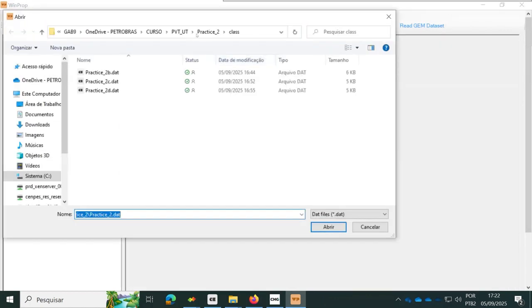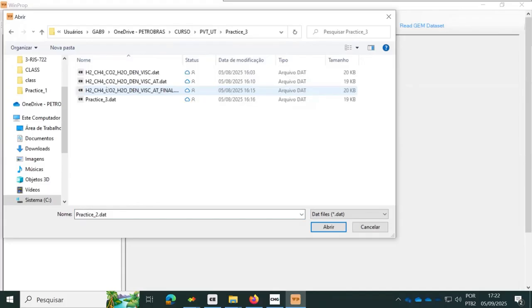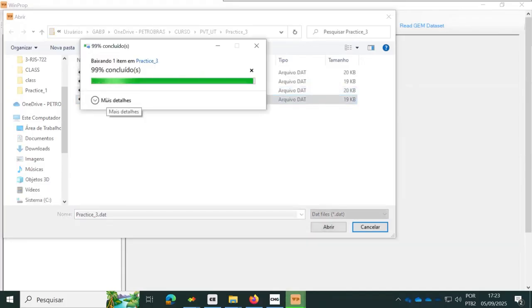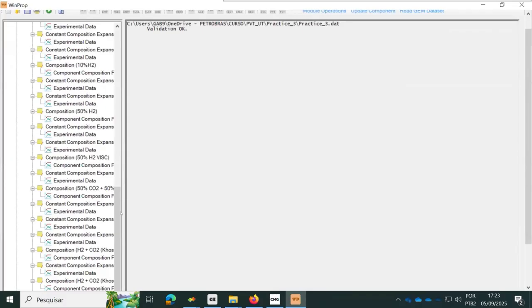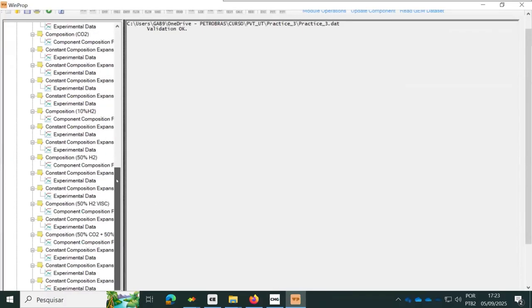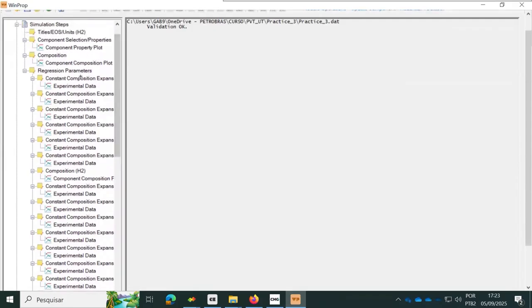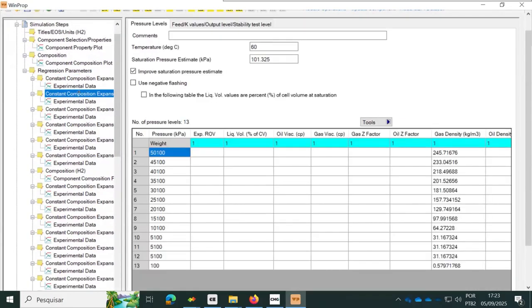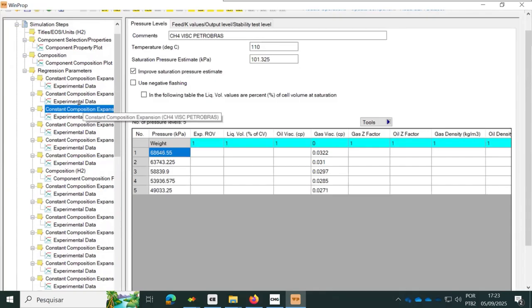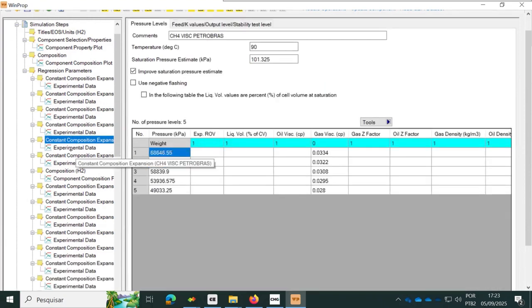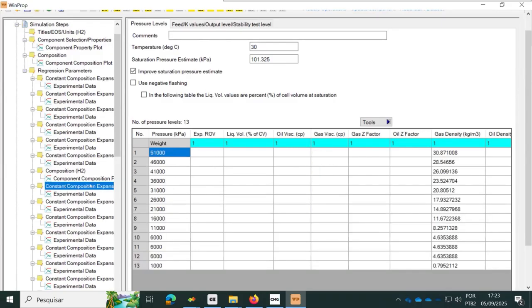Let me open practice 3. Practice 3 is your homework. Take a look. The project is much bigger than the previous one because you have much more data available. This is very close to a real case because in a company, in an actual project, we often have to work with multiple samples at the same time in a semi-project. So this case is very close to what I normally work with.